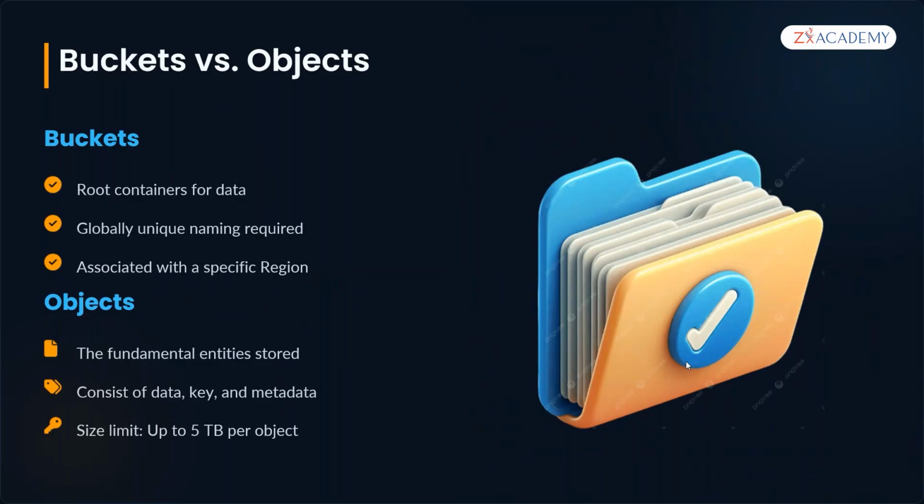So the size we talked about is 5 terabytes for most of the standard classes, and for Glacier, for archive, each object can be of 40 terabytes. That is the size limit on an object.